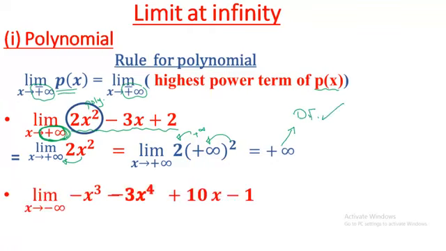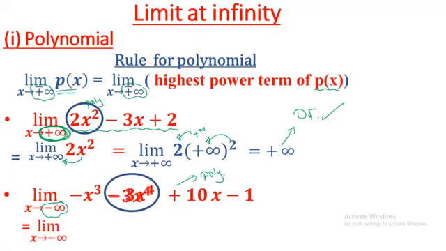The second example is to calculate the limit as x tends to minus infinity of the polynomial function minus x cubed minus 3x to the power 4 plus 10x minus 1. Because the limit is as x tends to minus infinity and this is a polynomial function, it is the same as the limit as x tends to minus infinity of the highest power term, which is minus 3x to the power 4.